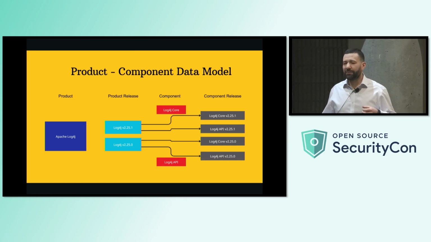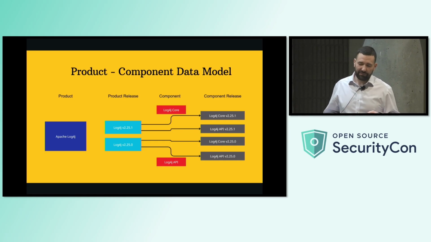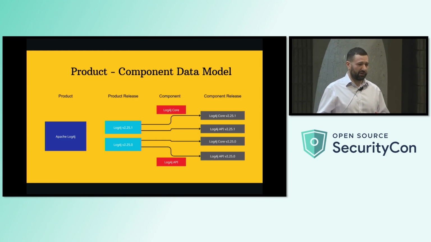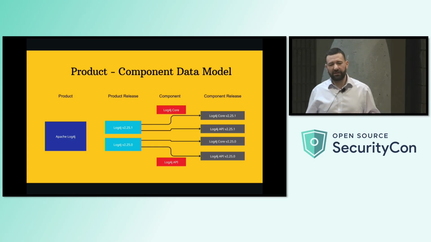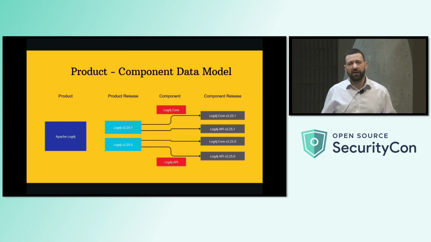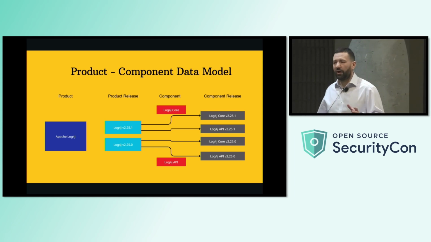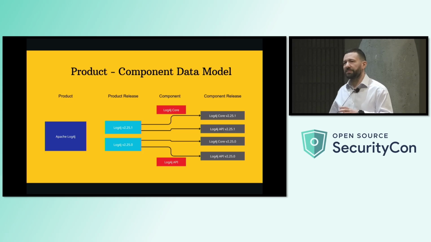So on the left, we have product, which is Log4j itself. And the product is when users talk about Log4j or about the thing that the manufacturer gives them, this is how they talk. Oh, I have Log4j, I'm using Log4j. Then you have product release, so that's like a specific version of this product.